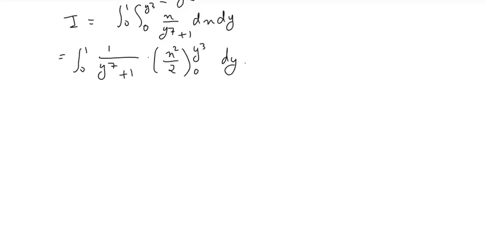Now we are solving it further. We will get 1 upon 2 integration of 0 to 1 y to the power 6 upon y to the power 7 plus 1 dy.